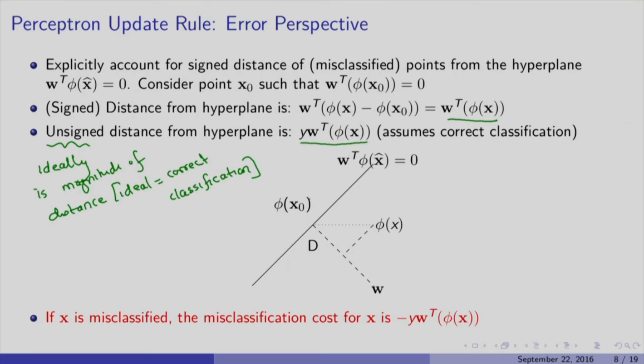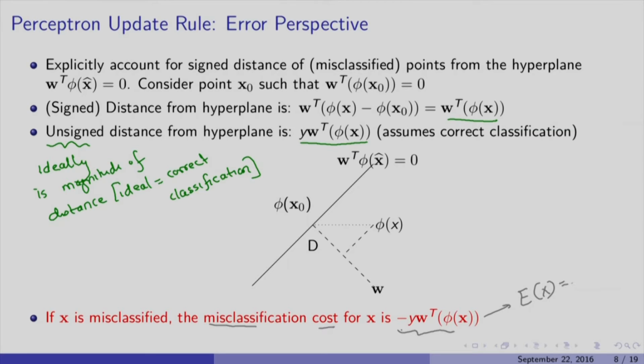On the other hand, if you do not have the ideal situation, that is misclassification, in such a case the misclassification cost for a point x is minus y w transpose phi x. So we are trying to keep this quantity positive, though it turned out to be negative, but now we call it a cost. So cost has this negative sign, but it is supposed to be positive for misclassified points. We also will refer to this as the error associated with point x.